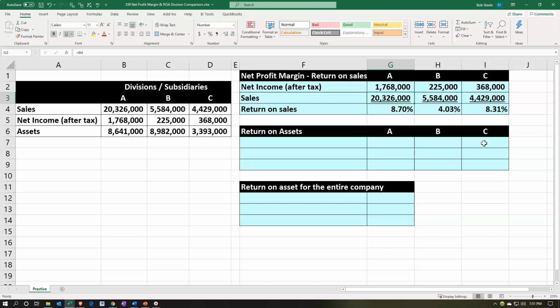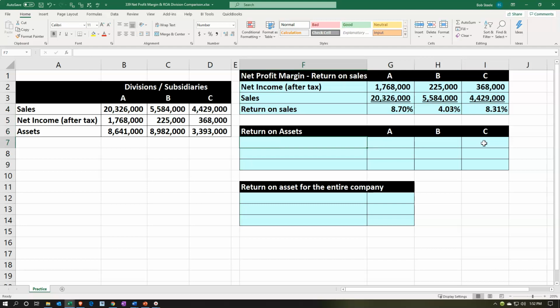The sales, of course, are a lot higher for A, but we can try to compare something like the ratio analysis. So we could think about the company meeting. We're comparing these three divisions. We're saying, yeah, A is a lot bigger, but they also have a bigger profit margin, which is good, right? So they're doing good there. And then C and then B on the profit margin.